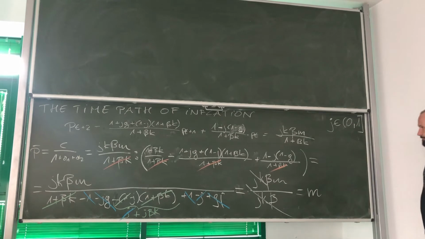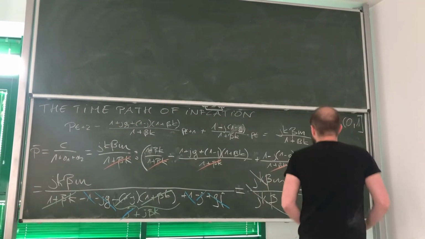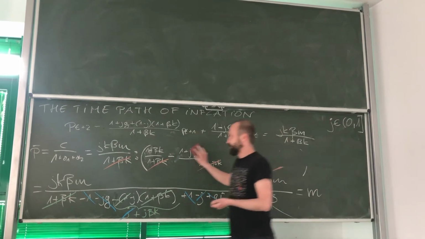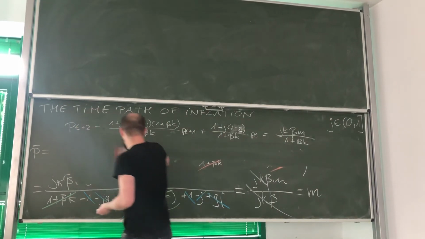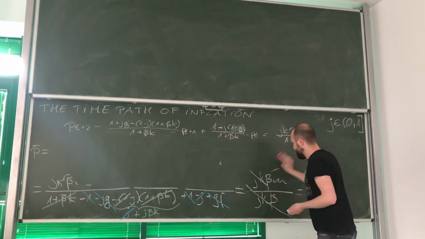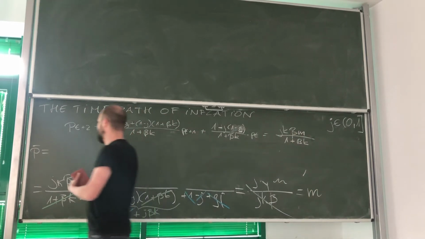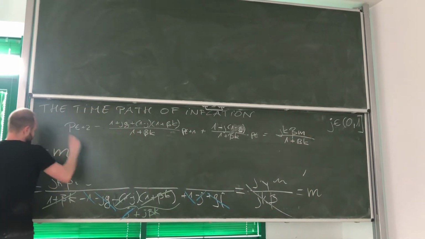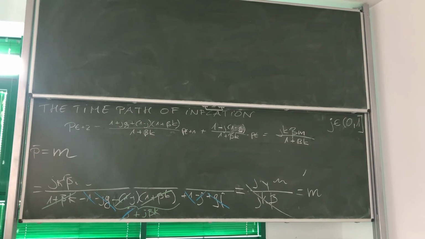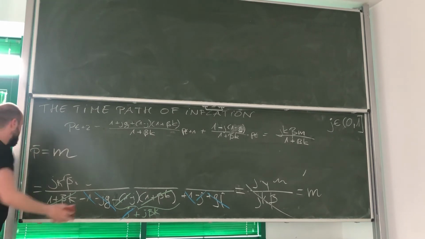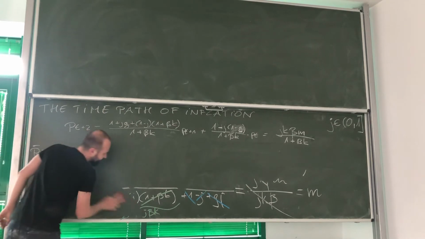other out, and what remains is m. So the first thing that we found is, similarly to the model with differential equation, equilibrium level of inflation is equal to the money growth. Okay, and this is our particular solution.